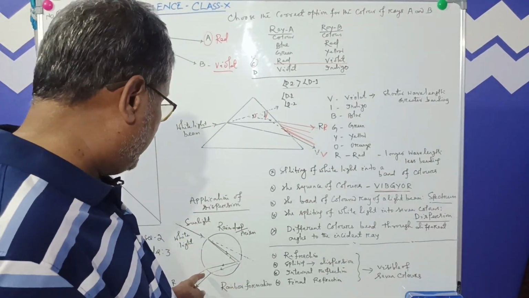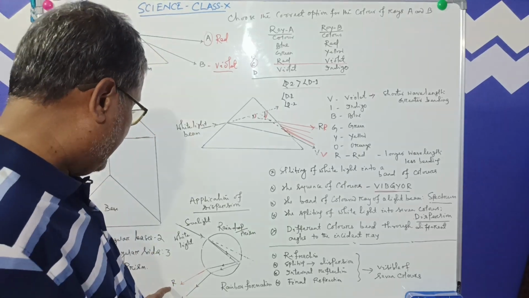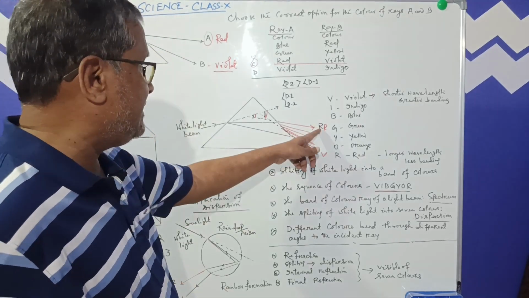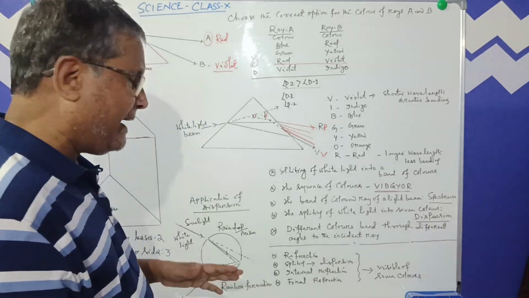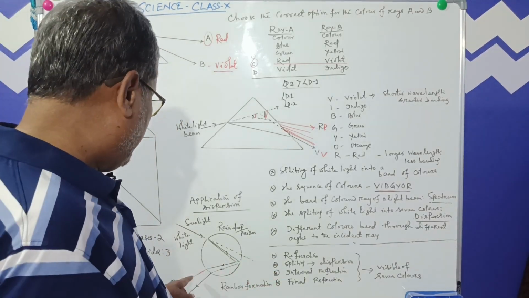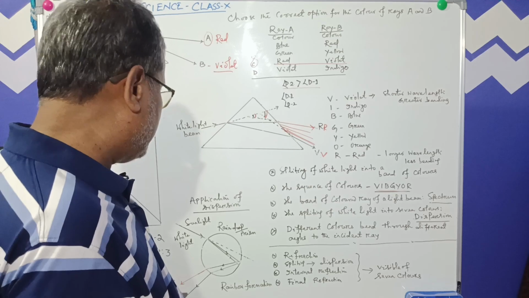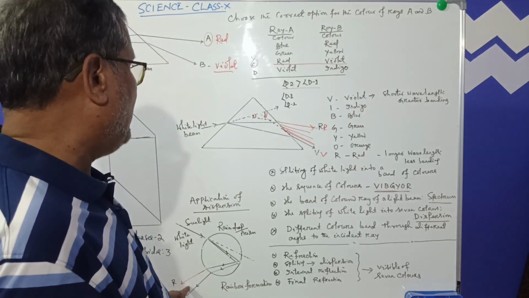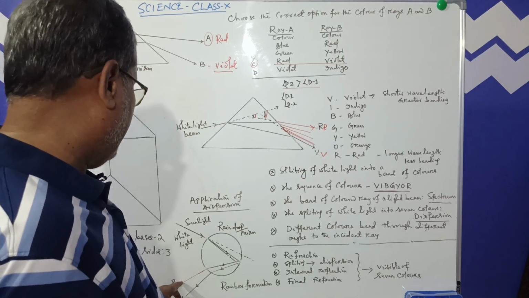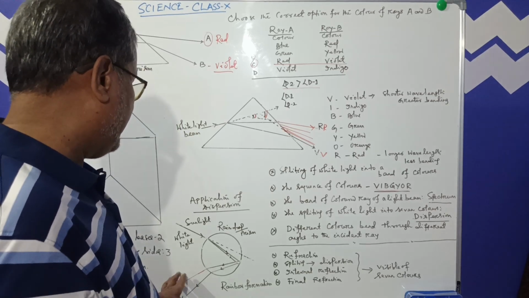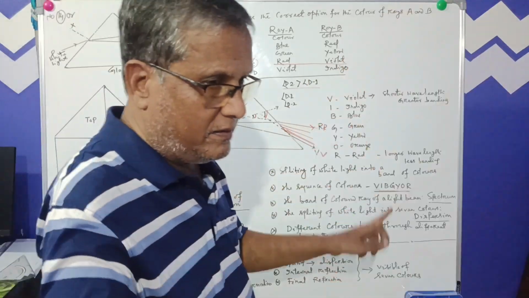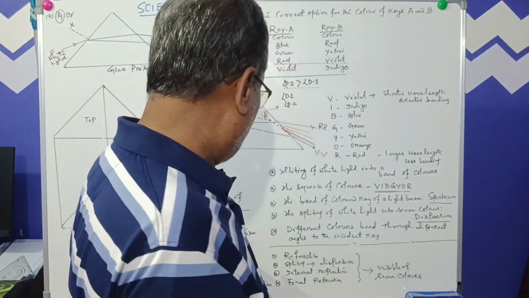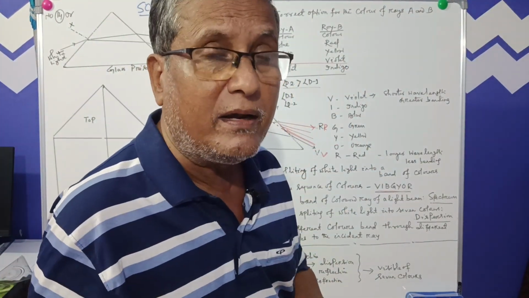So the emergent rays, now you see red and violet. You will observe seven colors, that is violet, indigo, blue, green, yellow, orange and red. In the rainbow we find seven colors.